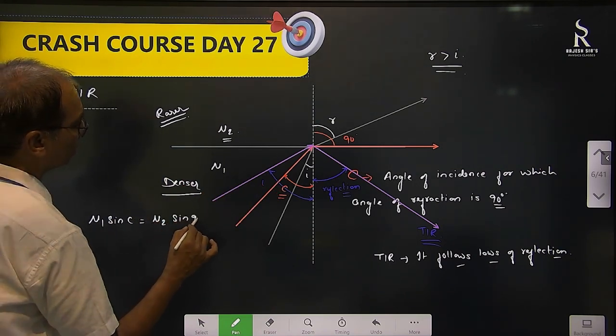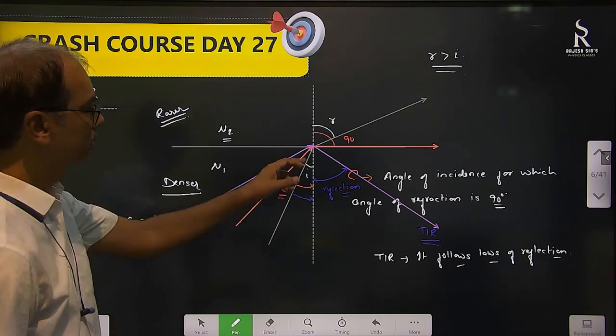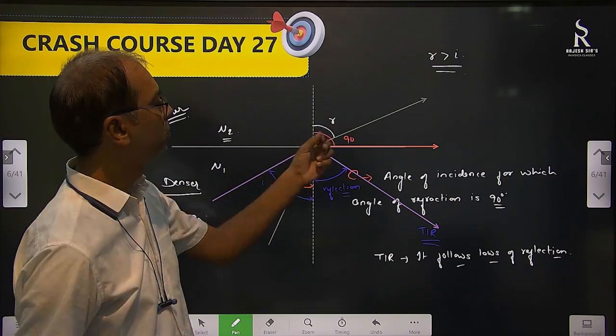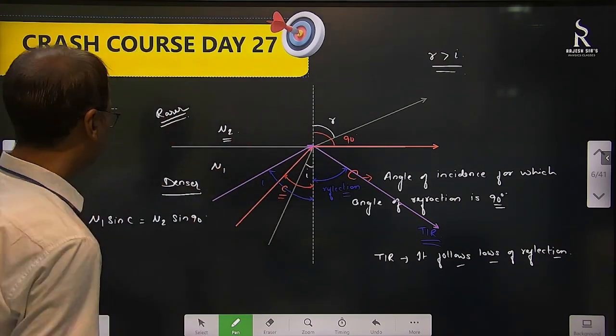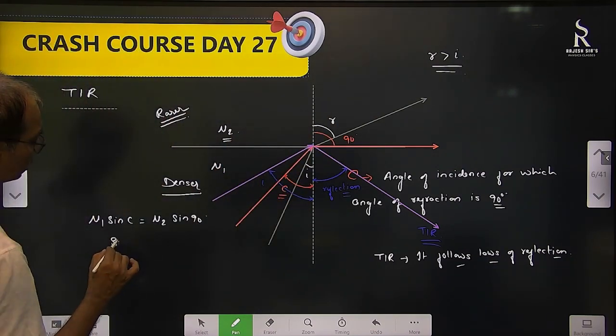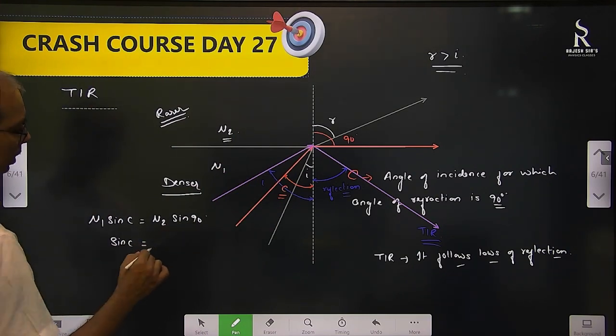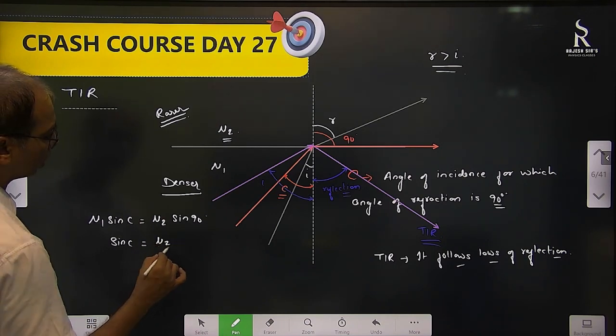It is sine 90, for this red ray, which is the critical angle. So mu1 sine C equals mu2 sine 90. What are we getting? Because sine 90 is 1, sine C equals mu2 by mu1.